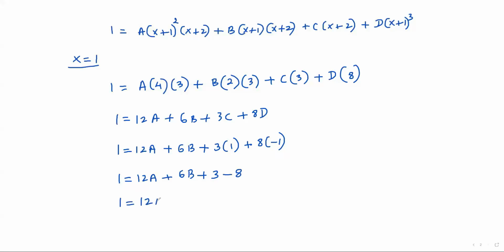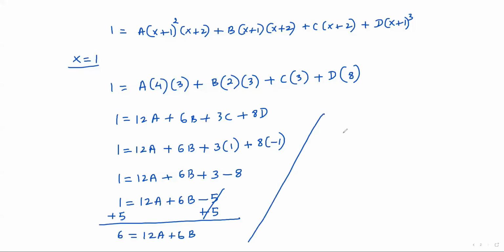So 1 is equal to 12A positive 6B. When I combine these two, I'll be getting -5. I'm adding 5 to both sides. So -5 plus 5 will cancel out, and 1 plus 5 becomes 6, equal to 12A positive 6B. Or I can write this equation as 12A positive 6B is equal to 6.